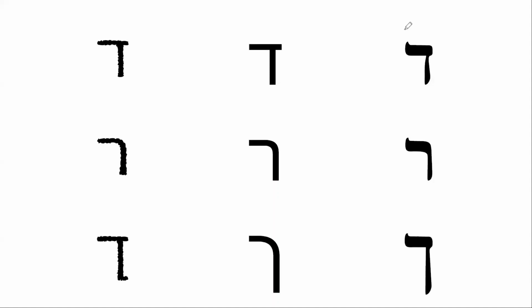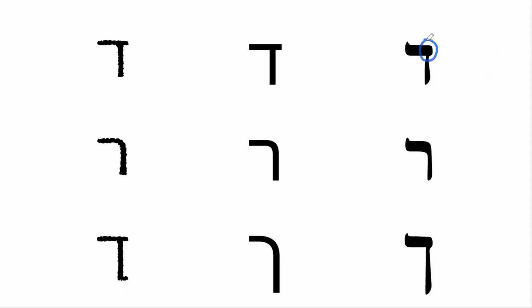These three letters are Daled, Reish, and langer Hof. Langer Hof is a final letter, so it is used whenever Hof is the last letter of a word. With Daled, pay special attention to the top line.